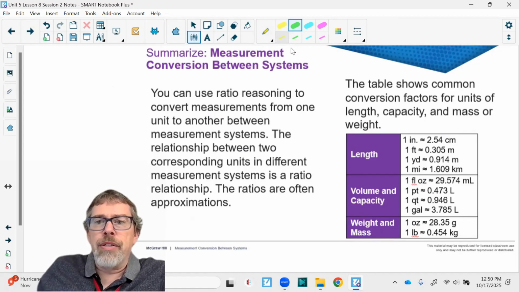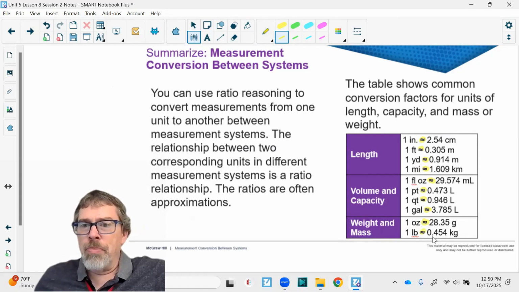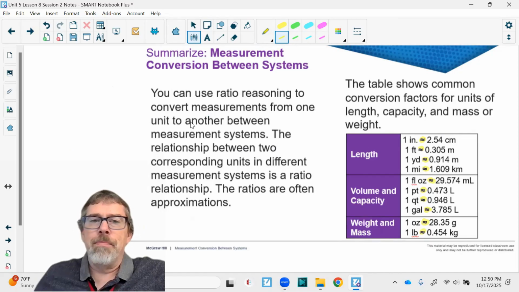If you notice, these are approximation symbols. They're not exact because they rounded the decimals. So 1 pound is approximately 0.454 kilograms. 1 ounce is approximately 28.35 grams, and so on.